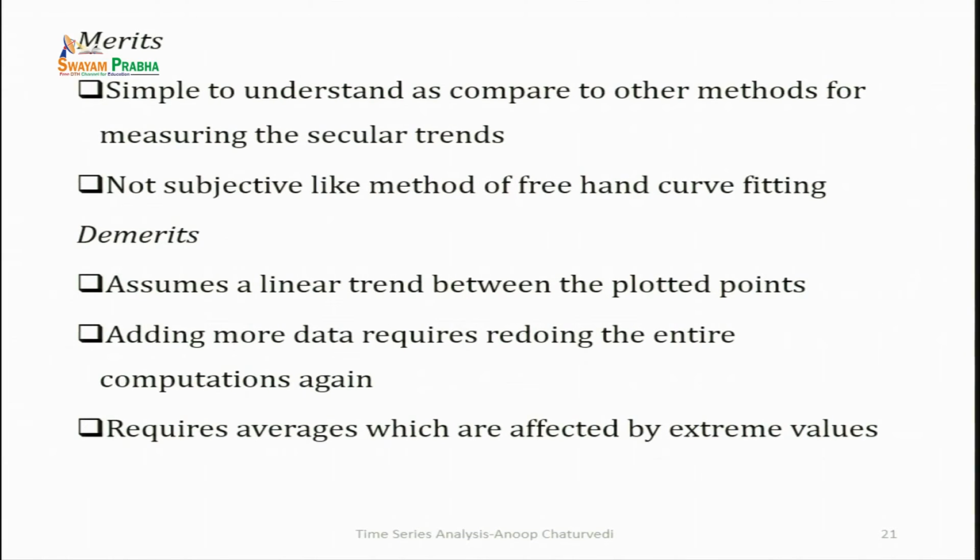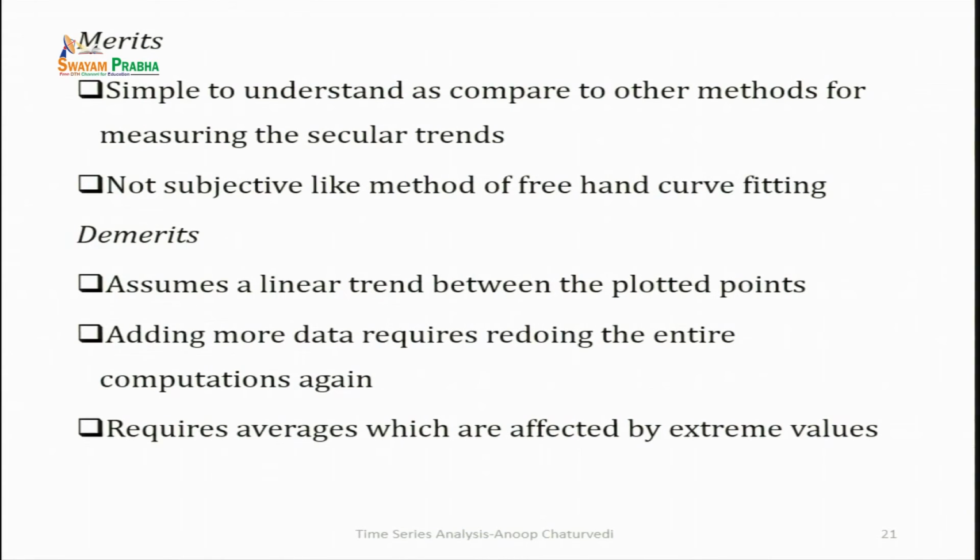What you have done, you have divided the observations into two parts and then you have calculated the averages for the two parts. But as you know, the averages are affected by extreme values. So is this method. So, this method is also affected by the extreme values.